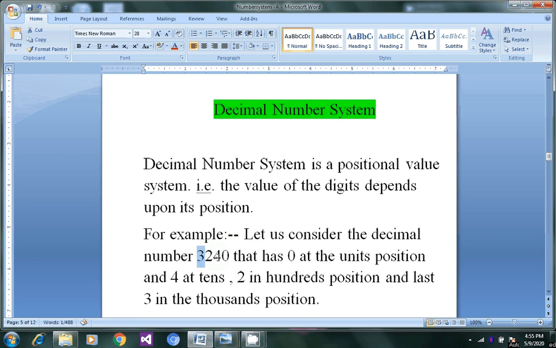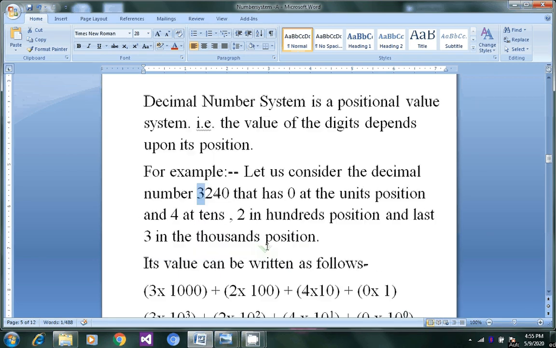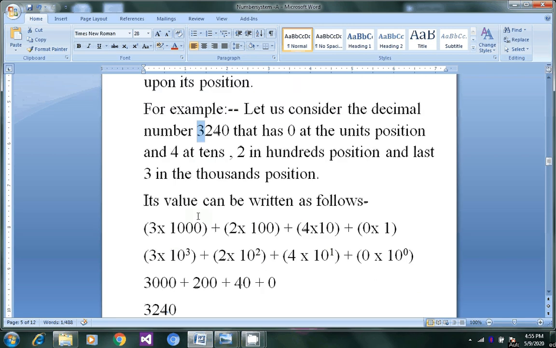That is 0, 4, 2 and 3. Now its value can be written as follows: 3 into 1000 plus 2 into 100 plus 4 into 10 and 0 into 1.